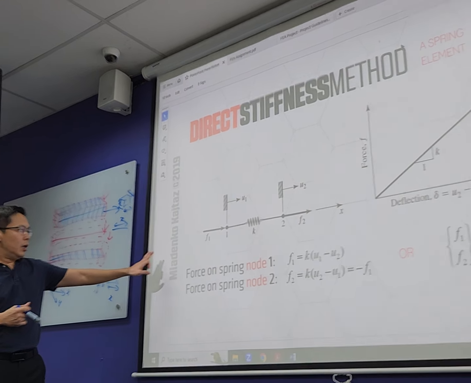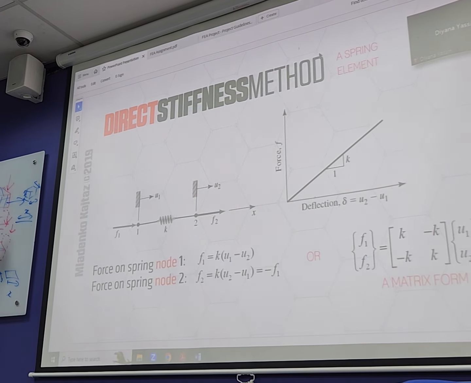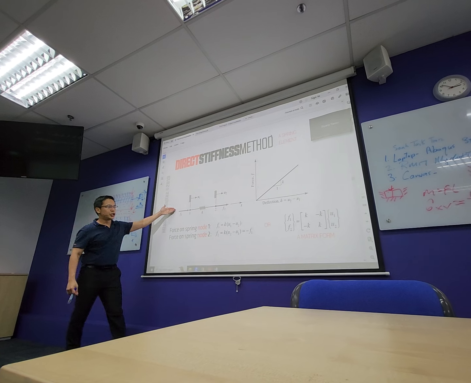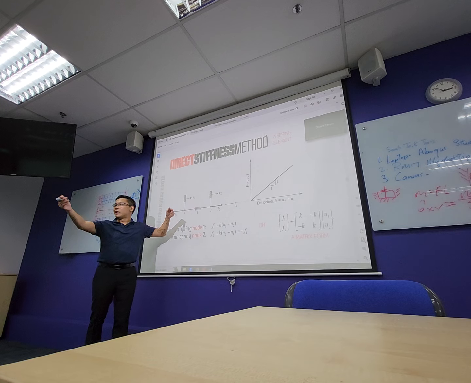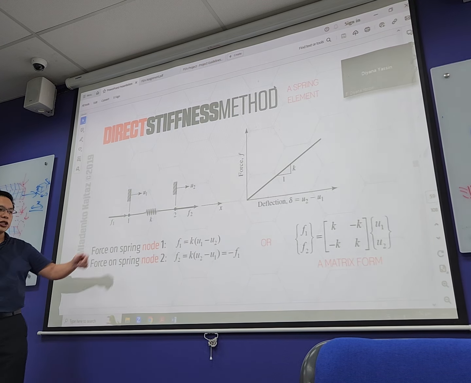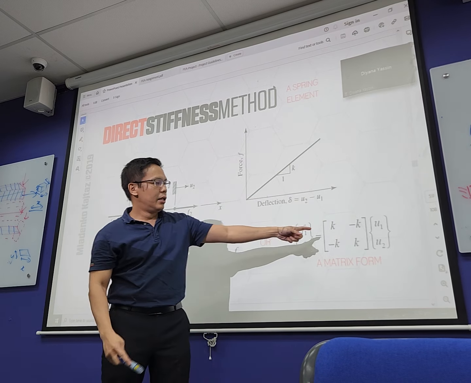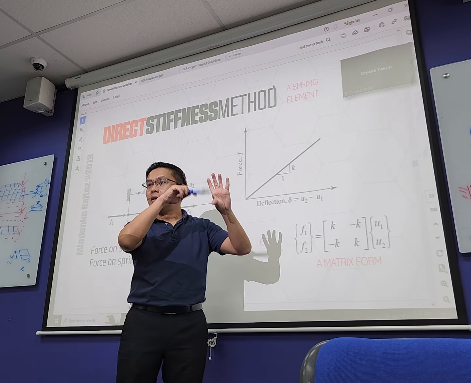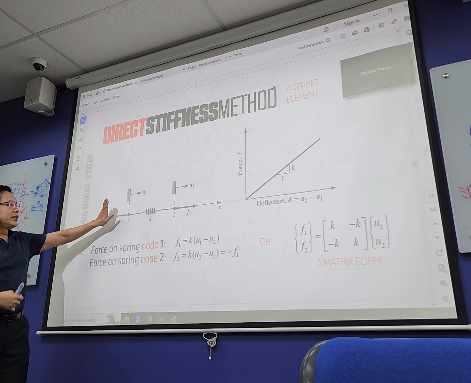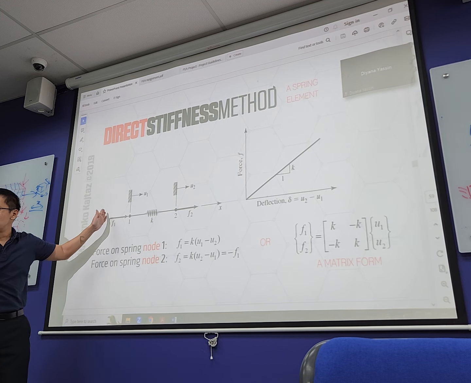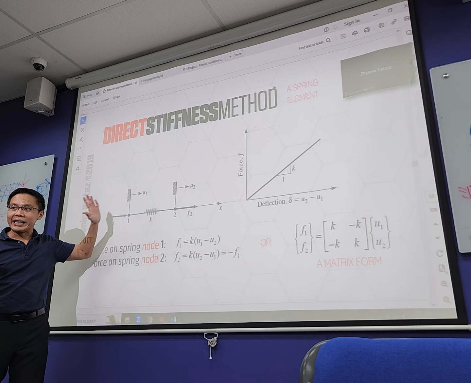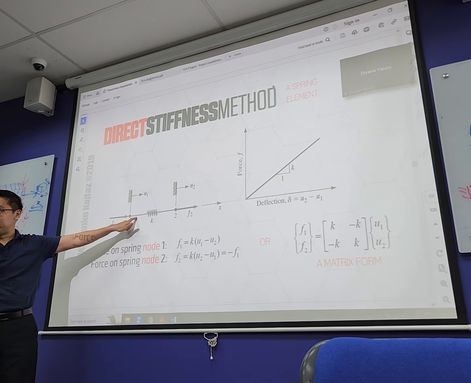So now I have this 1D element like this here. I will push it. Just now we always say the stiffness matrix. So what is the matrix? It's linearized as a single coefficient, spring stiffness K. So imagine this node is free to move, and it can also exert a force on node 1.